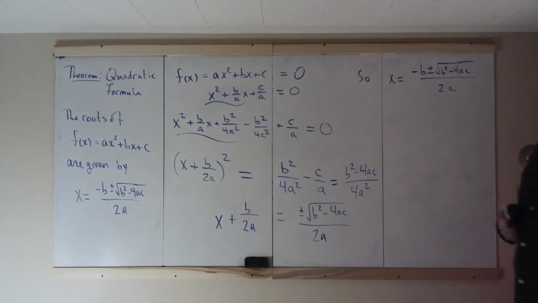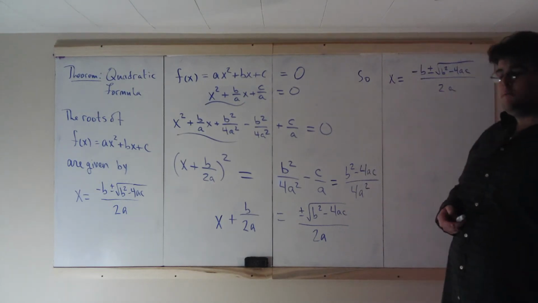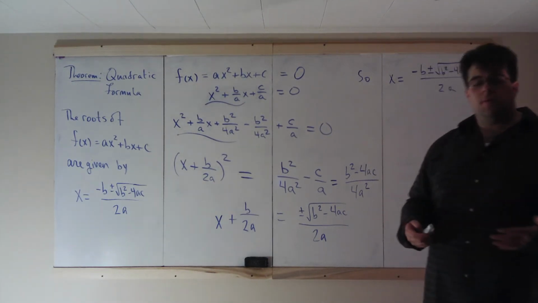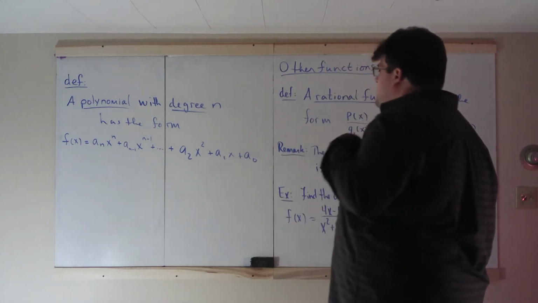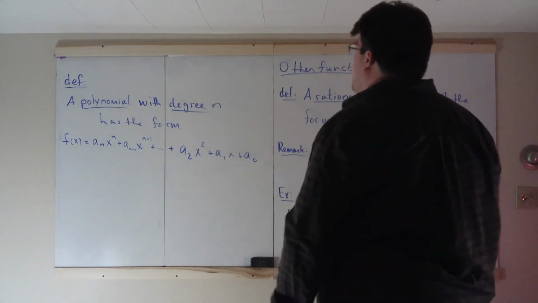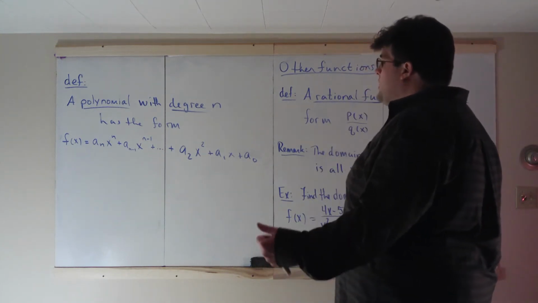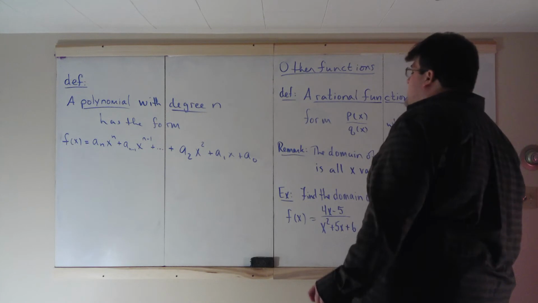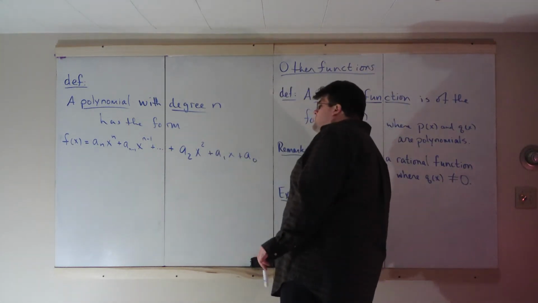Now, lines and quadratic functions are examples of what's known as polynomials. So let's define polynomials. Definition. A polynomial with degree n has the form a sub n x to the n plus a sub n minus 1 x to the n minus 1 plus everything down to a sub 2 x squared plus a1x plus a0.